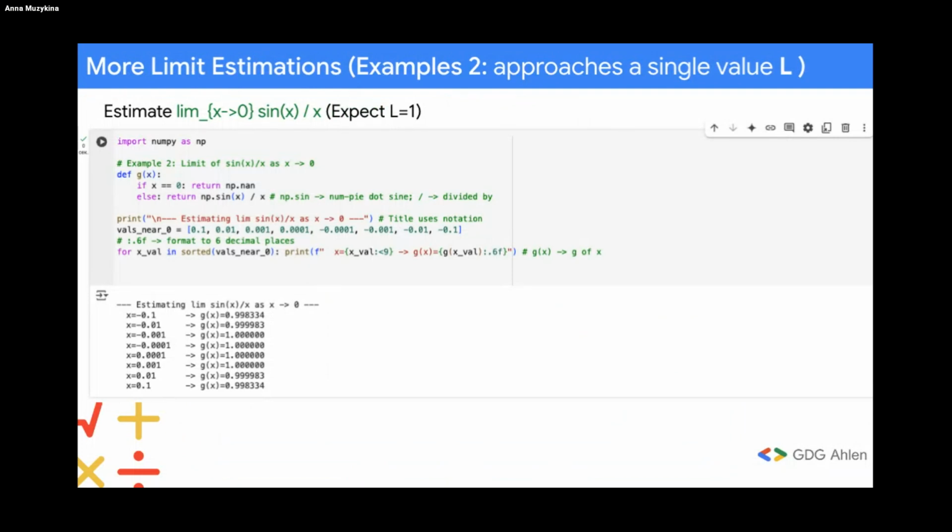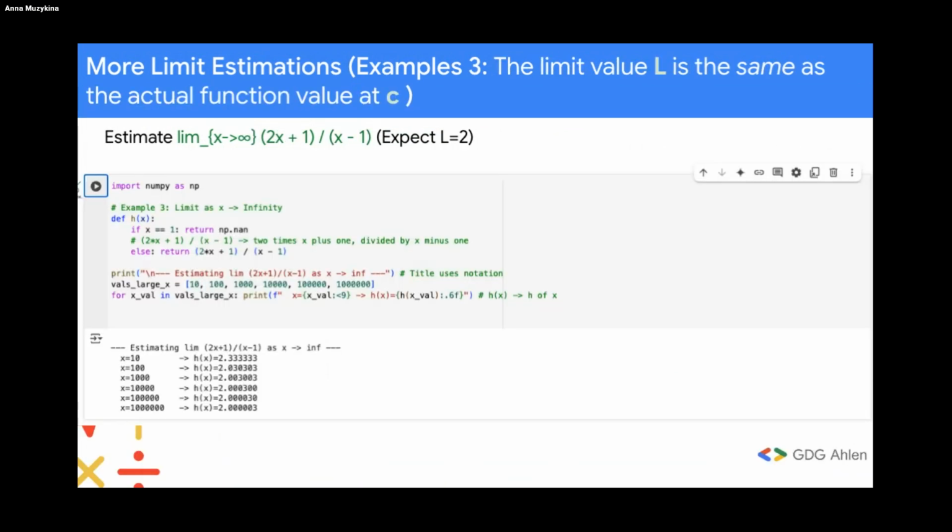Next, the limit as x approaches 0 of sine x divided by x. The code defines g of x using numpy.sin and tests values near 0. The output shows g of x approaching 1.